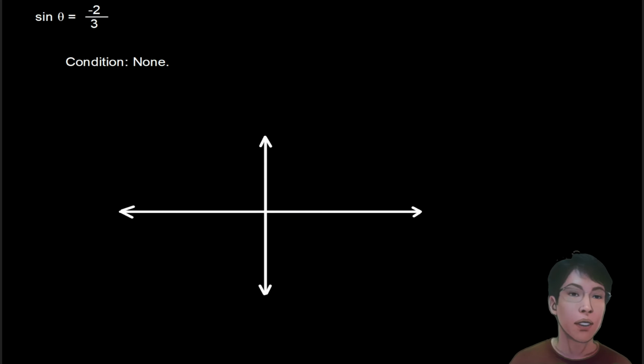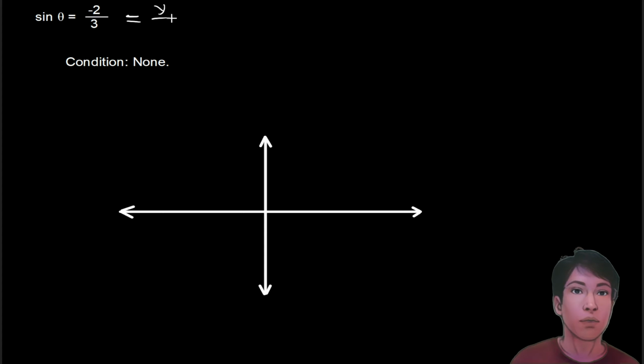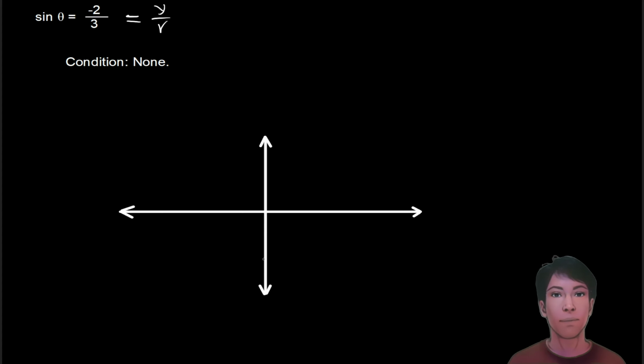Alright, so this time we have the same value: sine theta equals negative 2 over 3. However, there are no conditions. So again, this is y over r.